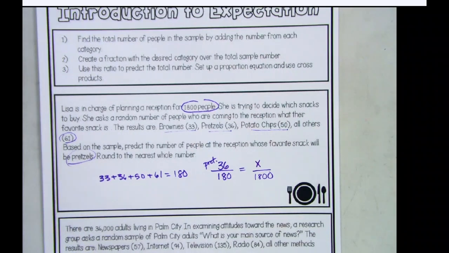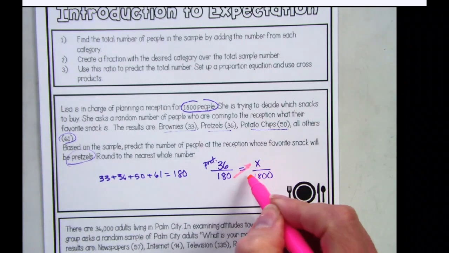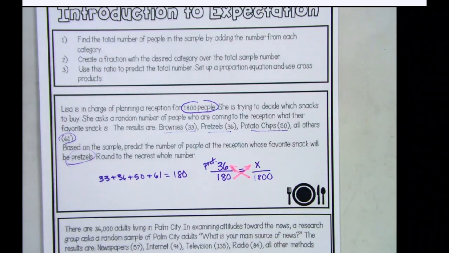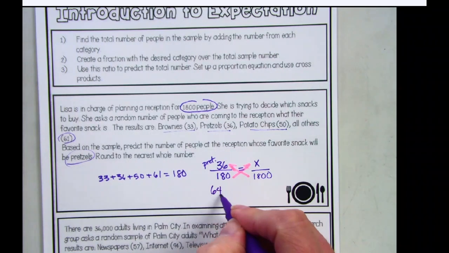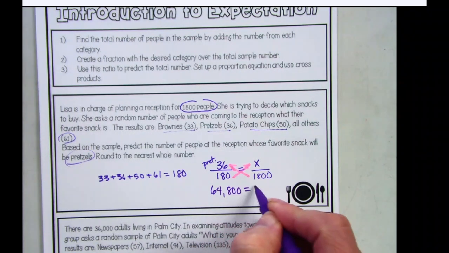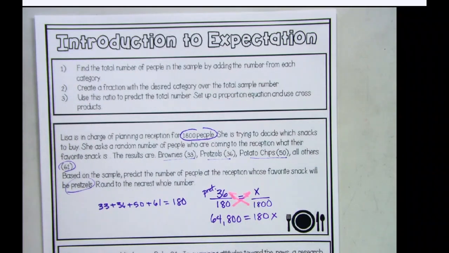What happens when we have a fraction that equals a fraction? We're just going to do a little cross multiplication, aren't we? All right, 36 times 1,800. 64,800 equals 180x. Now divide that by 180.